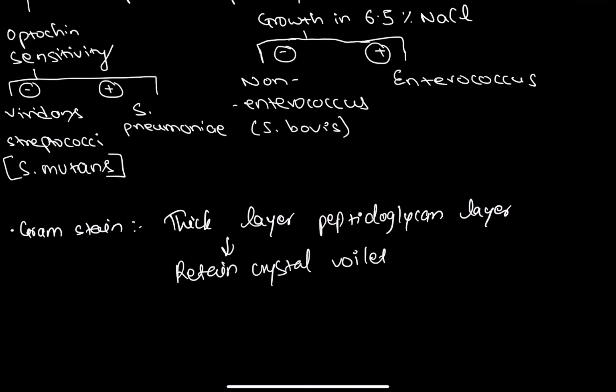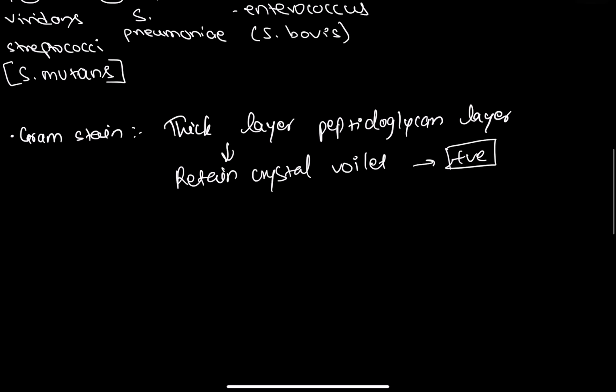The organisms that are gram-positive have a thick layer of peptidoglycan that will retain the crystal violet color. Basically, these gram-positive organisms have a shape like this circle, and they are known as cocci.